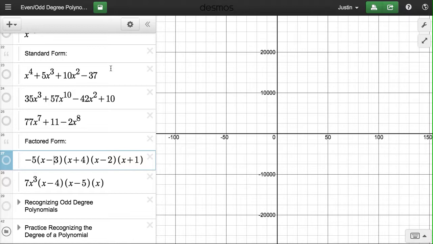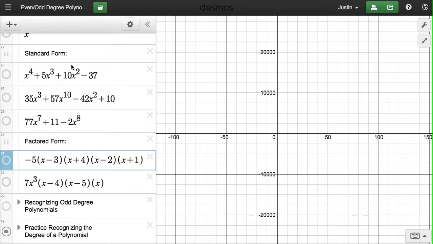Great. Let's talk about what I mean by figuring out which of these are even degree polynomials. The definition says the highest degree term is even. So in this one right here, 37 has the term x to the 0. This has x squared, x cubed, x to the 4th. Which one is the biggest?